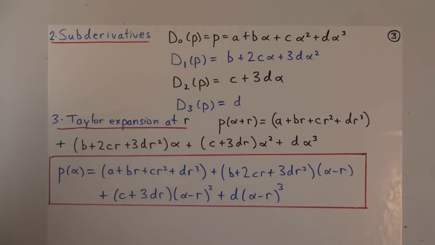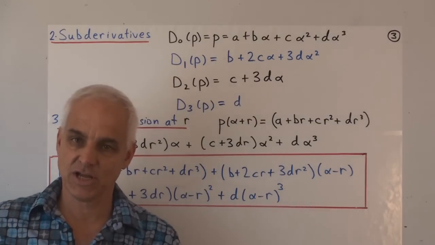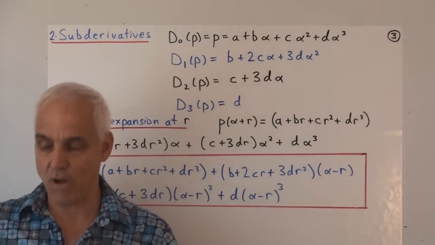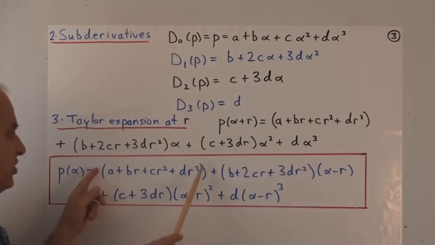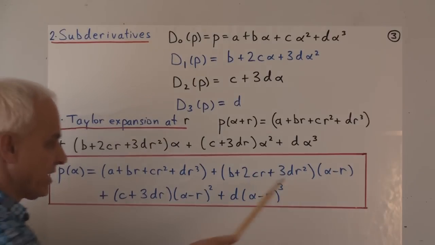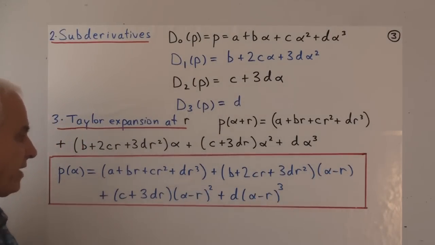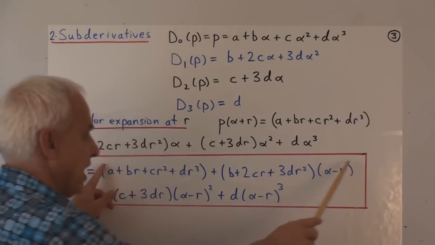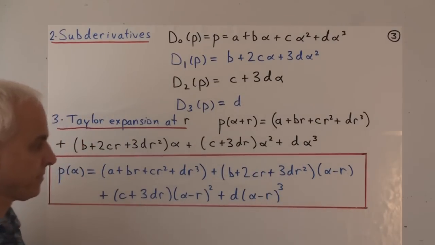And this is a fundamental object because it's from this that we read off the various tangents to the polynumber, or to the polynomial. The zeroth tangent is just the value of the polynomial at r. If you set alpha equal to r, then these terms all disappear and you're just left with that. The first tangent is the sum of the first terms all the way up to degree 1.